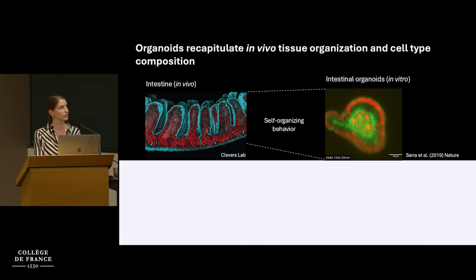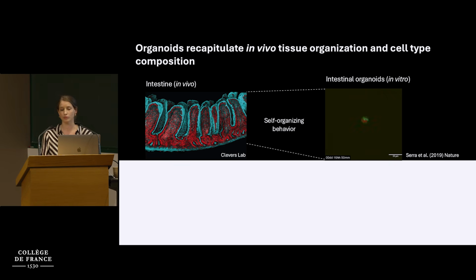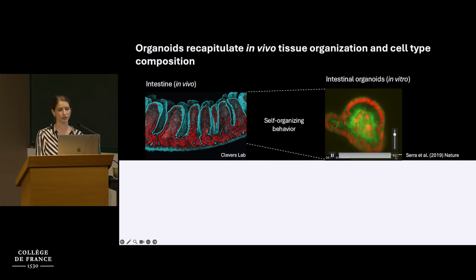In the last two decades, organoids have been emerging as a great model system, because what we can do here is plate a single stem cell from the intestine of a mouse, and then track the cell division and the cell patterning in space and time. Here you see that this will form a symmetrical cyst, and after about 5 days you will already have an establishment of structures that resemble the in vivo counterpart.